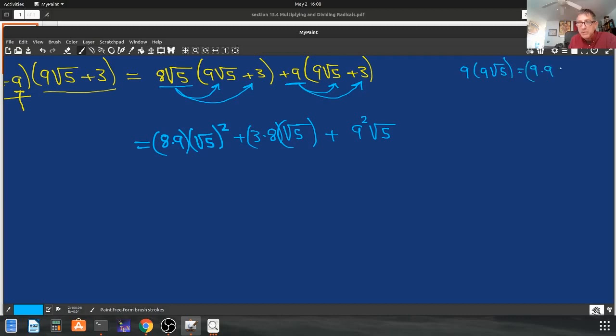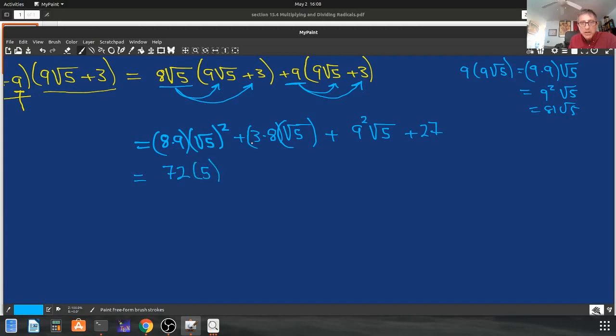Remember that from such a long time ago? That's 9 squared times the square root of 5, which you can immediately write as 81 times the square root of 5 if you want. And then it's just 9 times 3, which is 27. So 8 times 9 is 72. The square root of 5 squared is 5.